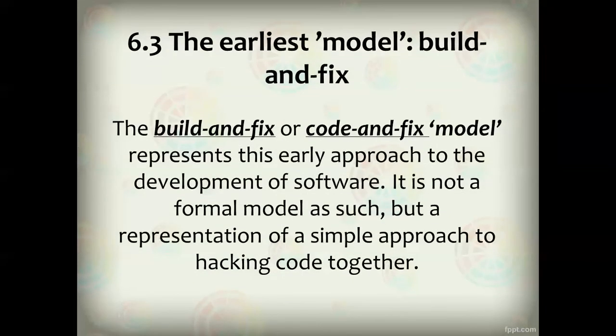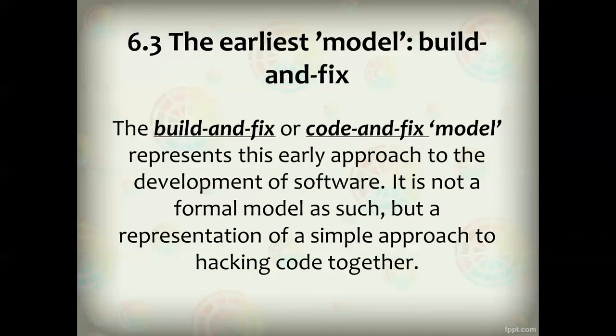The earliest model, build and fix. The build and fix or code and fix model represents this early approach to the development of software. It is not a formal model as such, but a representation of a simple approach to hacking code together.